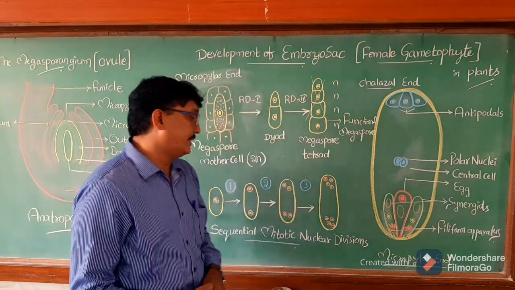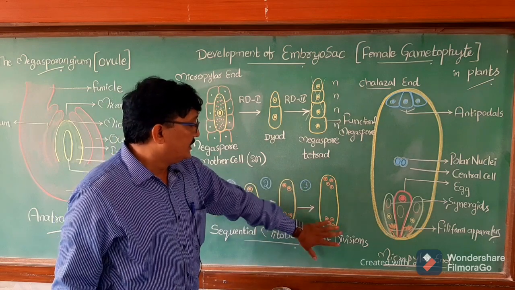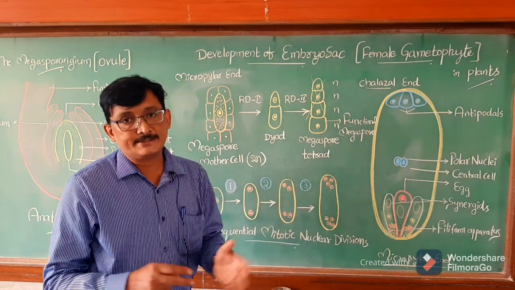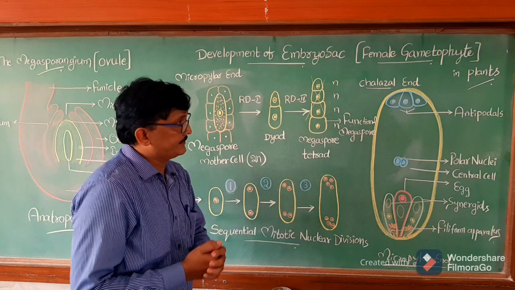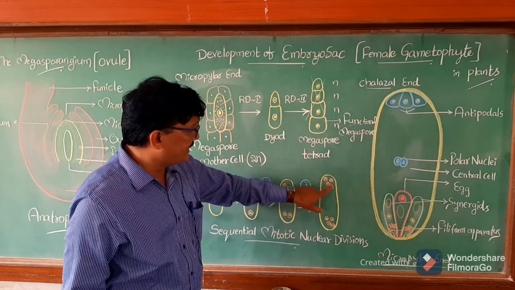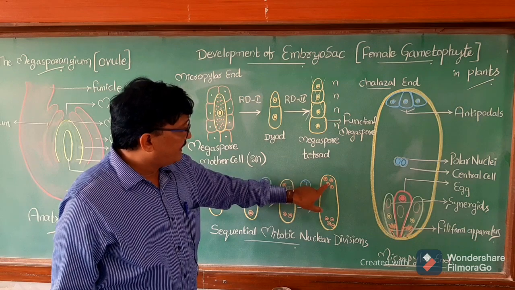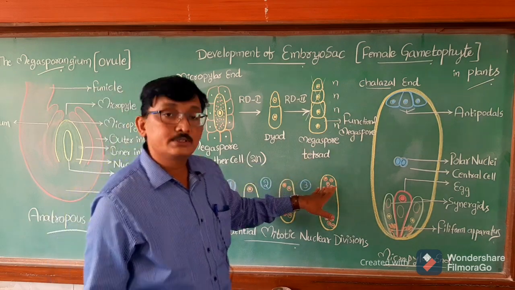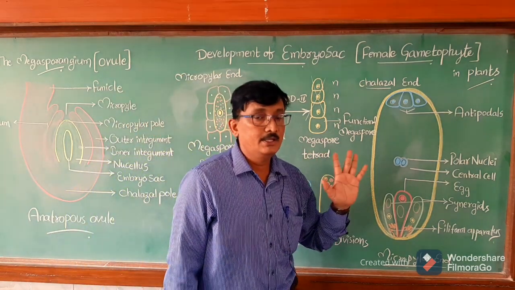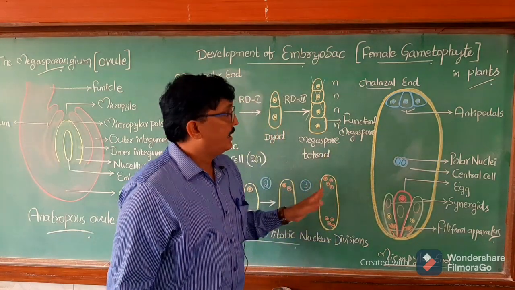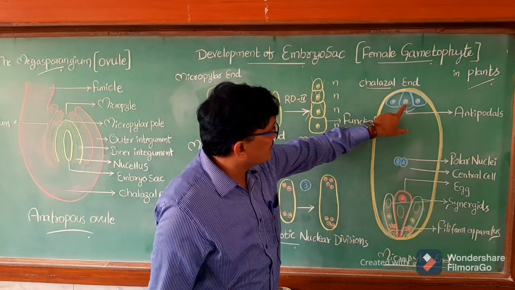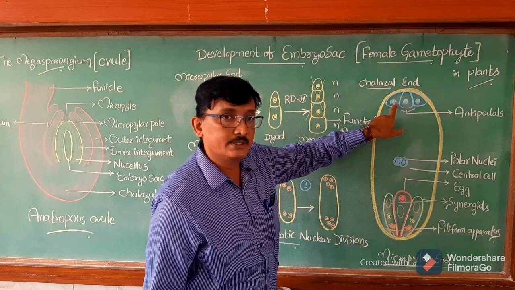After this, all these nuclei are going to organize. Of the 4 nuclei at one pole, 3 nuclei form cell walls and form cells, and they become antipodals, 3 antipodals.